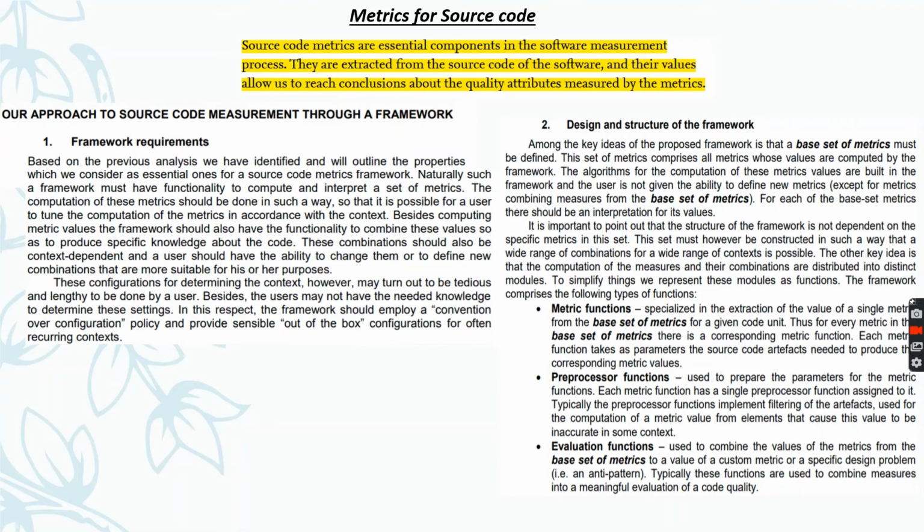This type of configuration helps in determining the context. However, it might also turn out to be tedious and lengthy to be done by the user itself. The user may not have the needed knowledge of how to determine such type of settings.